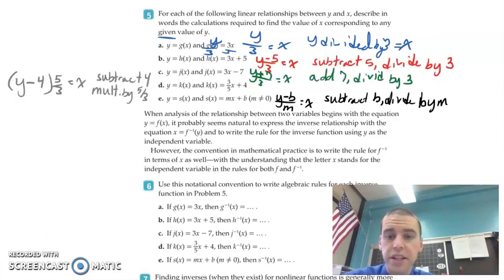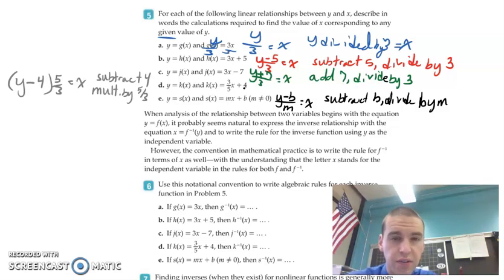And so here are the answers. I color-coded them, and D is over here. So pause it if you need to look at it. But all I did was solve for x, and then wrote down what I needed to do to find x to be by itself. So in C, add 7, divide by 3.